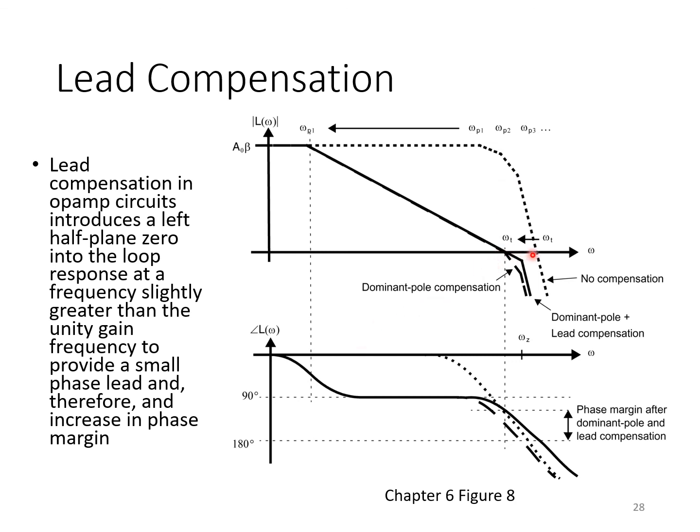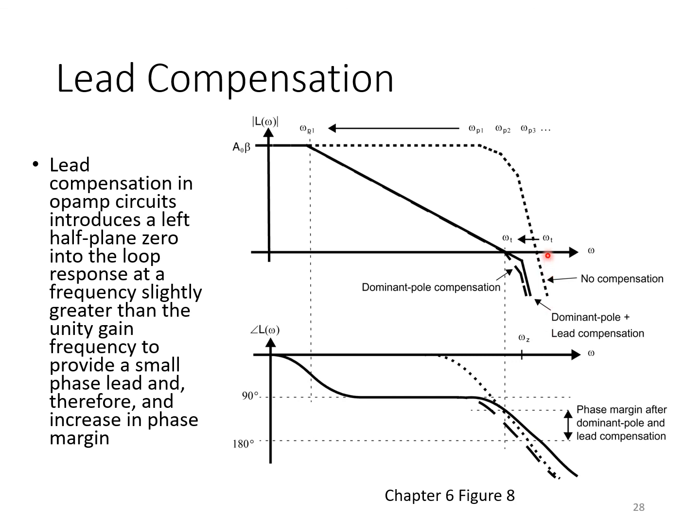So the unity gain frequency may be nice and high over here, but if we think about the phase response, the negative phase shift contributed by all these poles is probably pulling the phase response down to around minus 180 degrees. So you may have very little or no phase margin at all, certainly not going to meet any requirements. You may have ringing, peaking or overshoot.